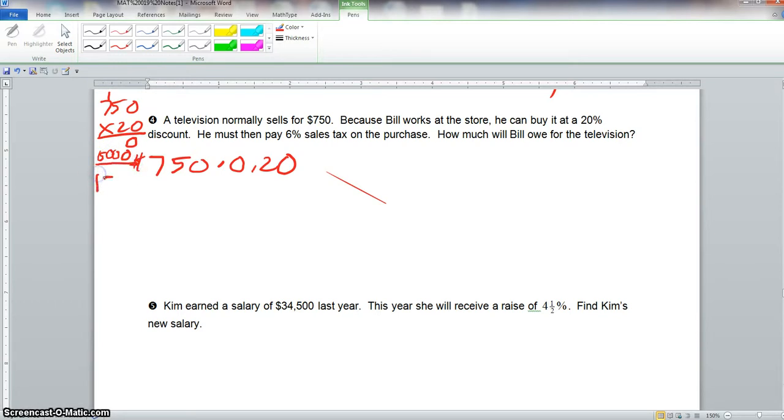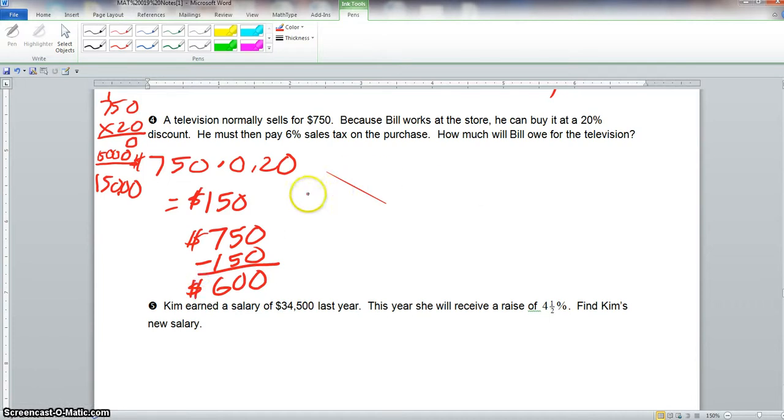So this will give us 15,000. And we count how many digits we have behind the 0. We have 2 digits behind the 0. So that's $150. So this is how much Bill gets off of the television. So we would take $750 minus the $150. So Bill will only have to pay $600 for the television.